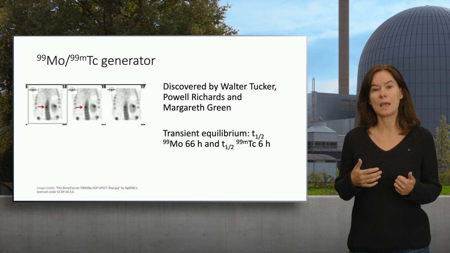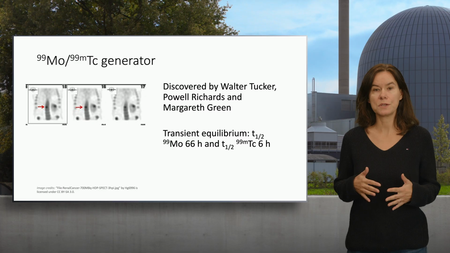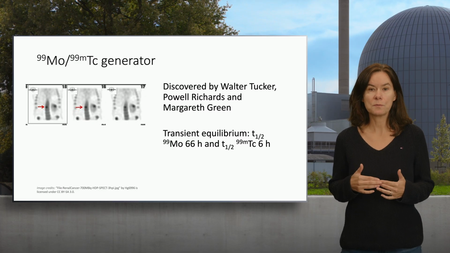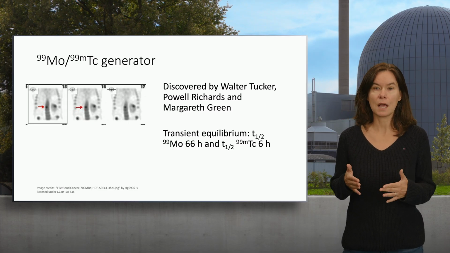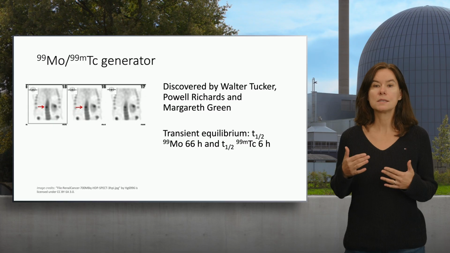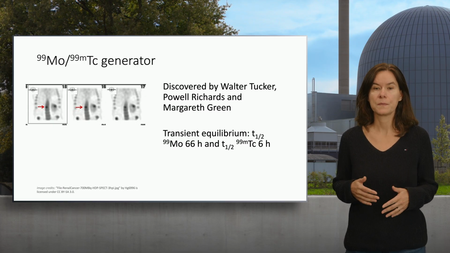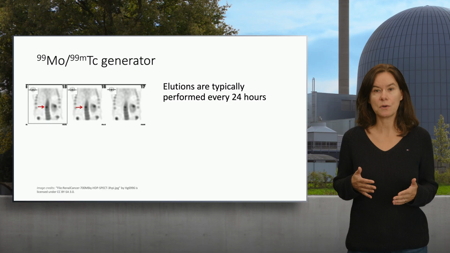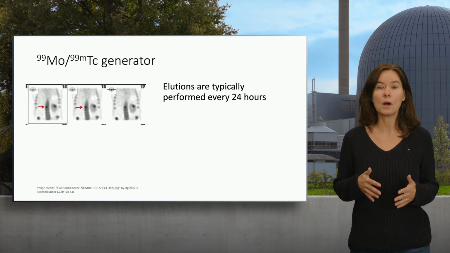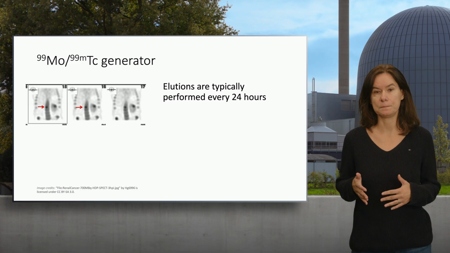Molybdenum-99 technetium-99m generator is based on transient equilibrium. The half-life of molybdenum-99 is 66 hours and technetium-99m has 6 hours of half-life. This also means that this generator is best eluted each 24 hours, equal to 4 times the half-life of technetium-99m.